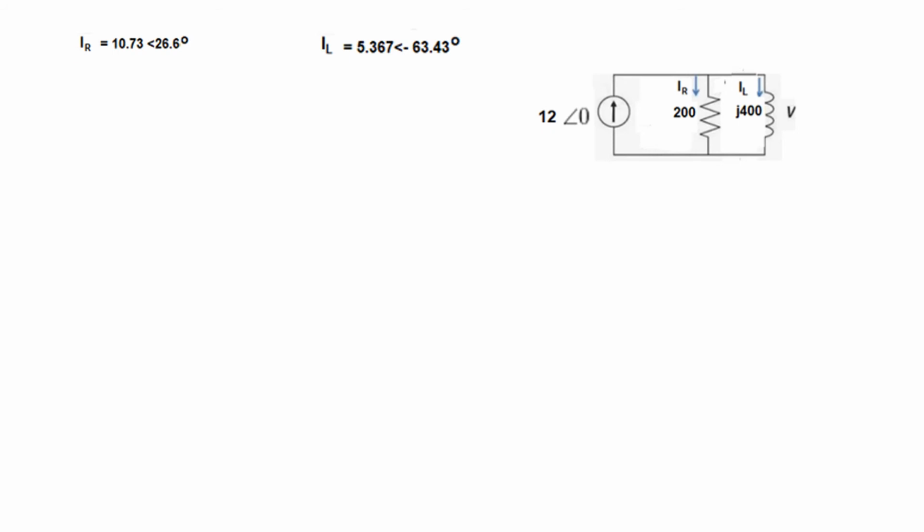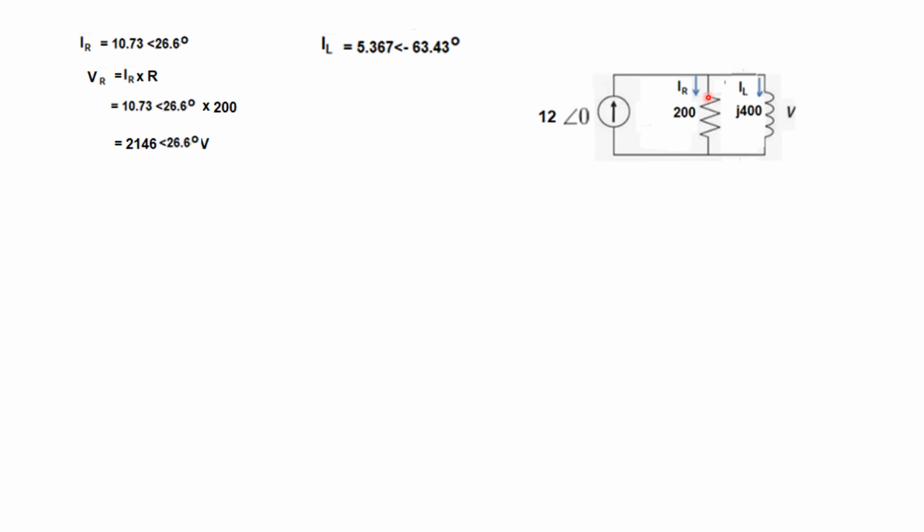Okay, so we had these two currents in phasor form. Now we'll try to find the two voltages in phasor form. We know that VR is IR into R, so we have IR multiplied by R, 200. So this is the voltage VR.